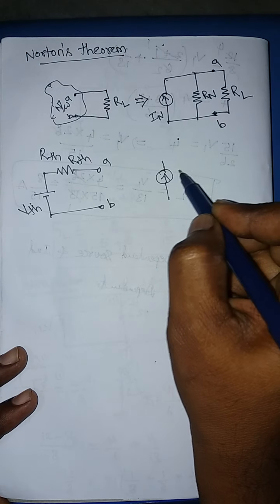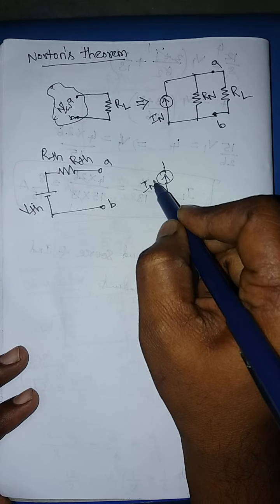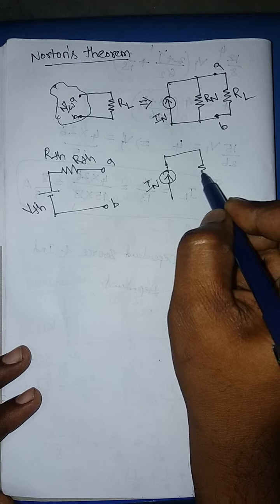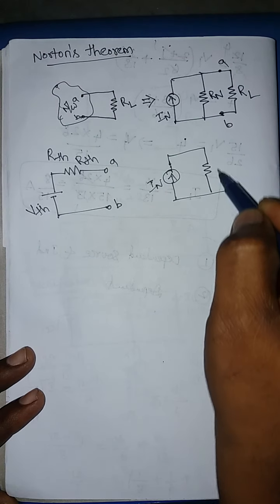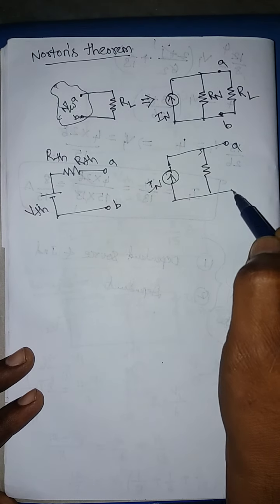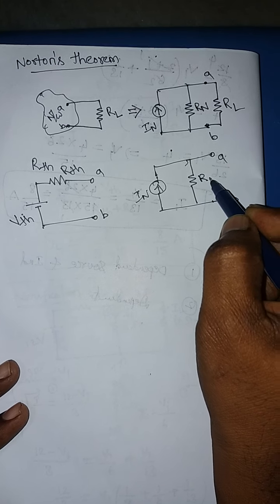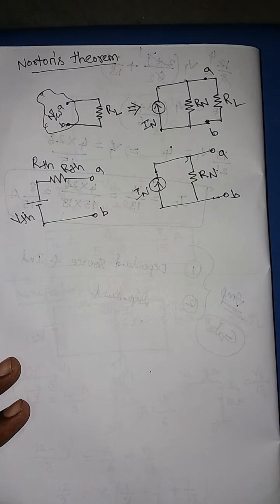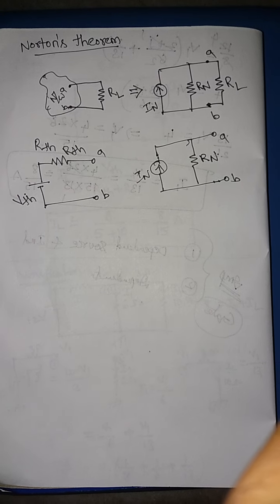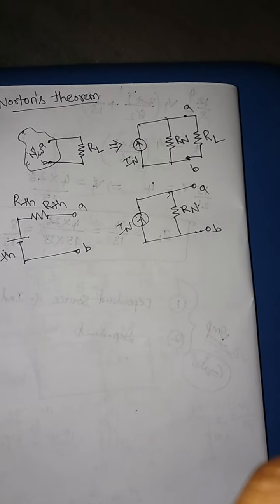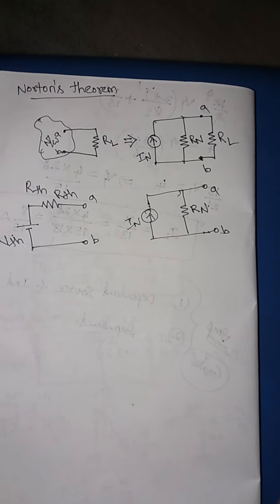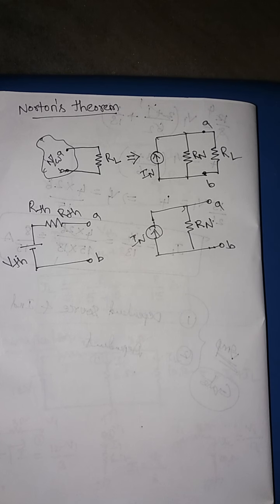Norton's current IN is there, and Norton's resistance RN, across the terminals AB.